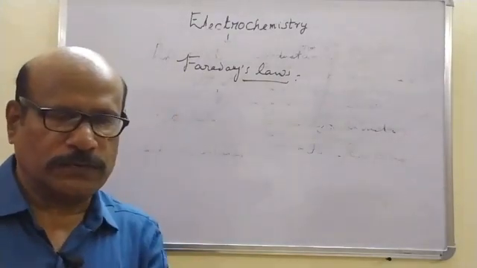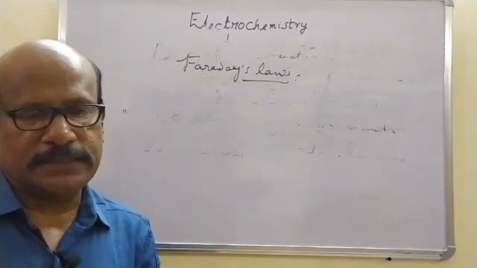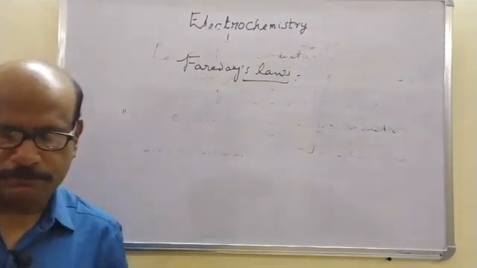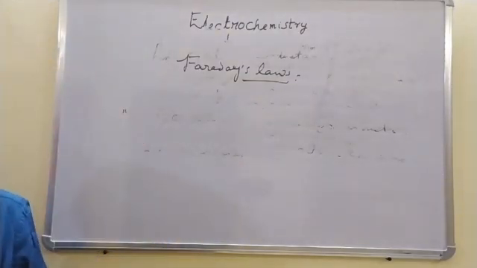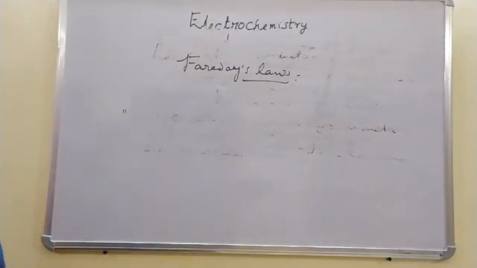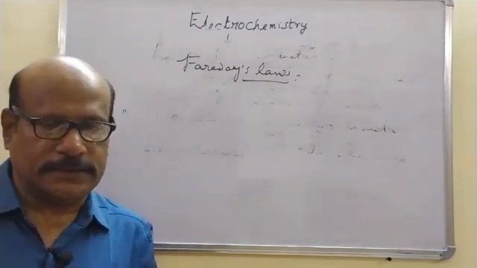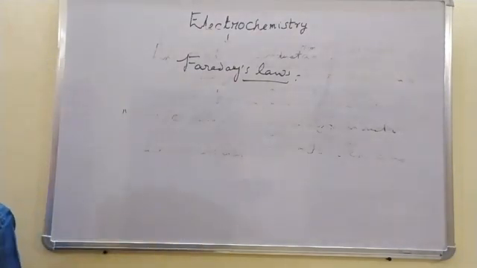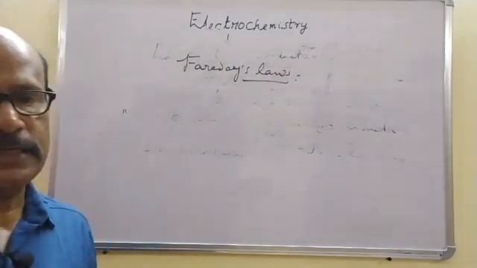There are two laws, the first law and the second law. You have to remember. Faraday's laws of electrolysis give the quantitative relationship between the quantity of electricity passing through an electrolytic conductor and the amount of the chemical change that it is undergoing.